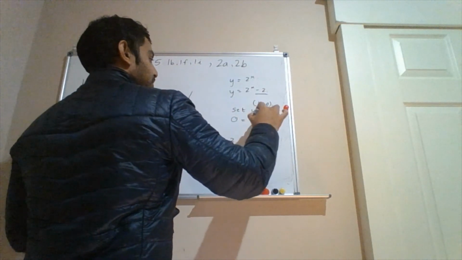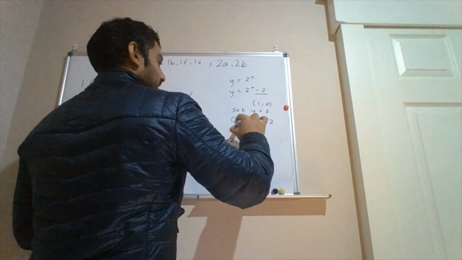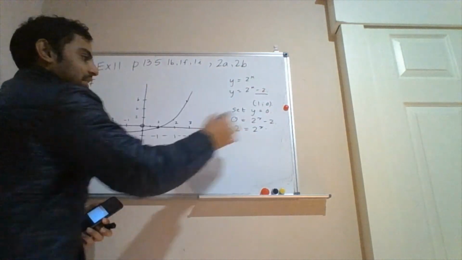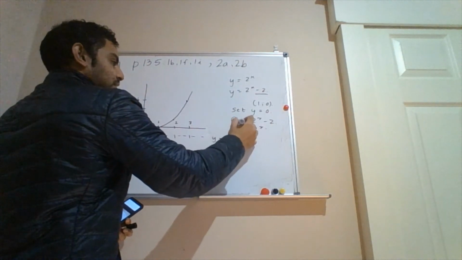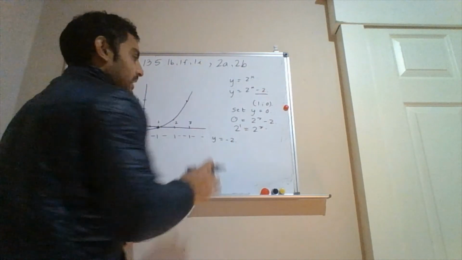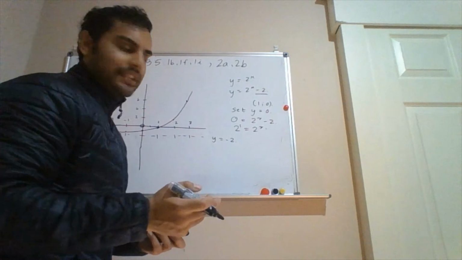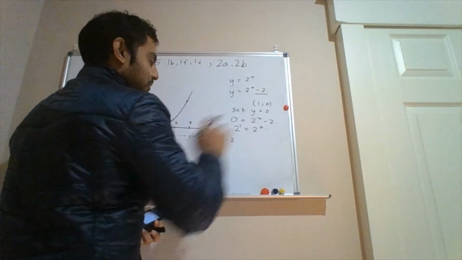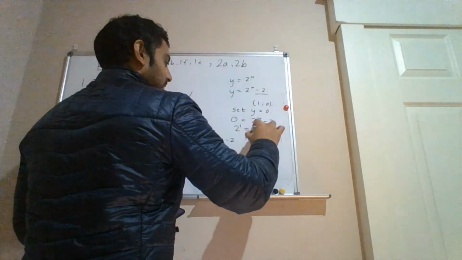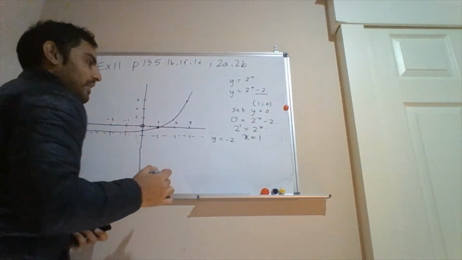So we have 0 equals 2 to the power of x minus 2. So this gives us 2 equals 2 to the power of x. So at this point you could say 2 is the same as 2 to the power of 1. And when we're solving an exponential equation like this, we need the bases the same. Once the bases are the same, here they are, both 2 and 2, then we can just say that the exponents are equal. We can directly say that x must be 1.